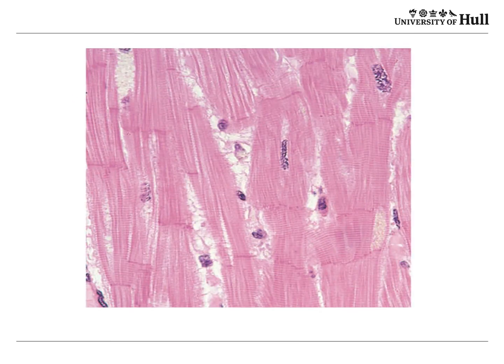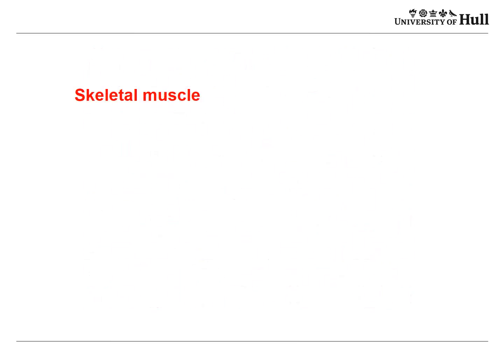And this electron micrograph shows what cardiac muscle looks like. Essentially it's composed of short branched cells, but you can see the striped or typical striated structure of muscle within it. Let's just briefly contrast that with skeletal muscle.